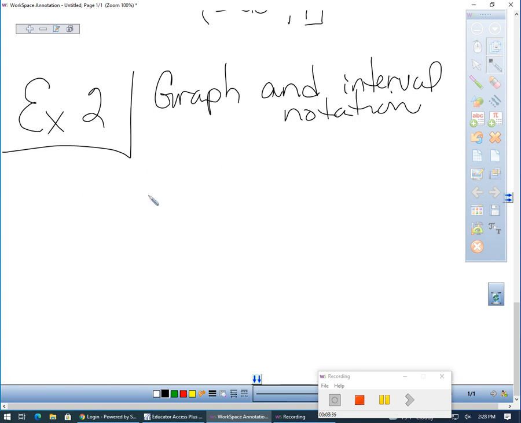So let's say I have w is less than or equal to 12. First thing we got to do is graph it. At 12, we have a closed dot. Go left. It goes to the left. Good. So that's graphing it, right? Interval notation.